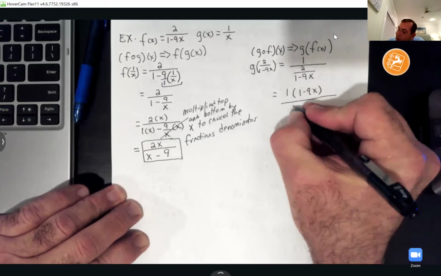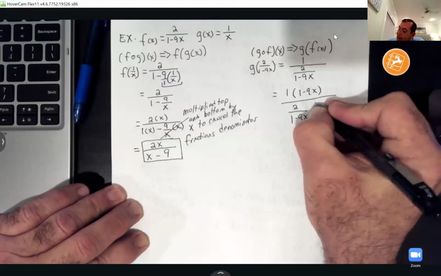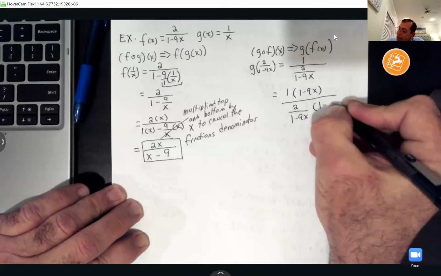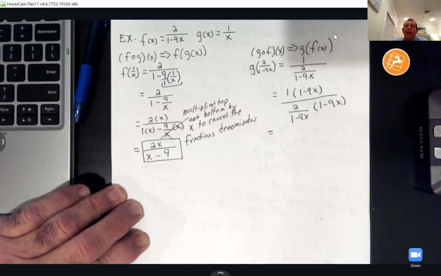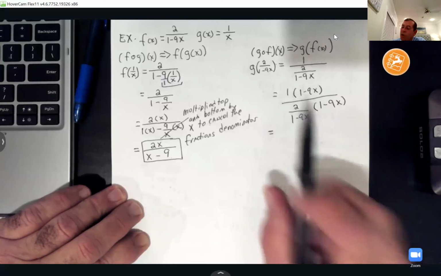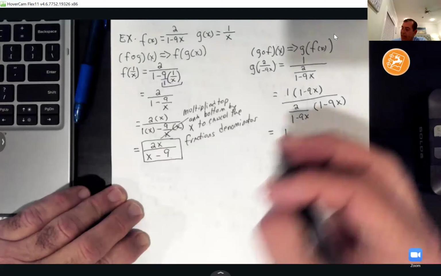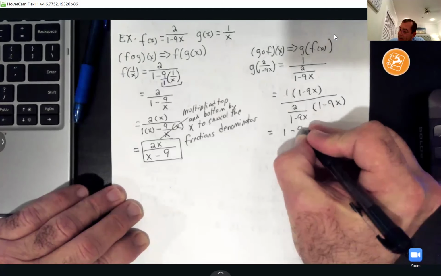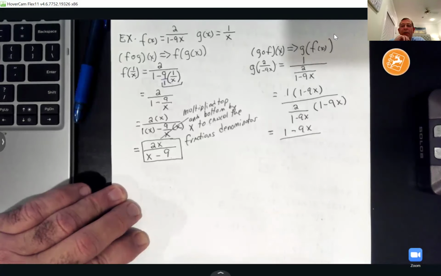So the bottom was 2 over 1 minus 9x, and we got to multiply it by the 1 minus 9x. So basically, 1 times 1 is going to be 1, and then that 1 minus that 9x is going to be what? Minus 9x. But y'all, what happens to the bottom?